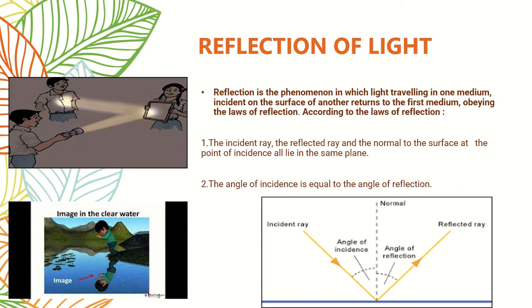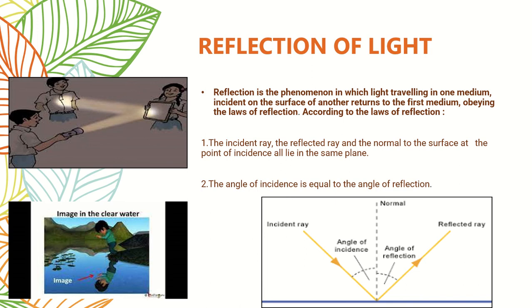As you can see in the picture, I have differentiated incident ray, normal and reflected ray. You can clearly understand what is angle of incidence and angle of reflection also. So there is a surface on which the incident ray is projected.